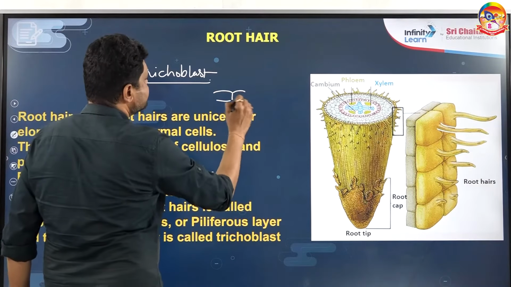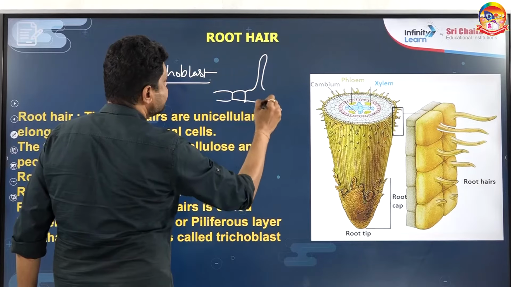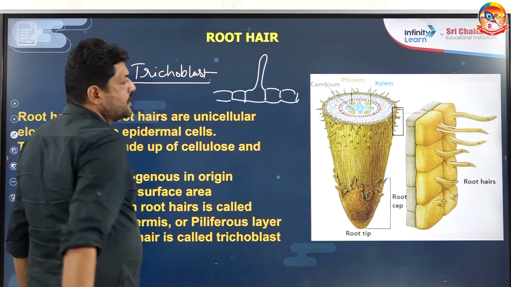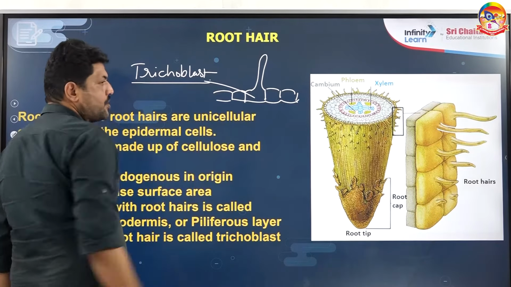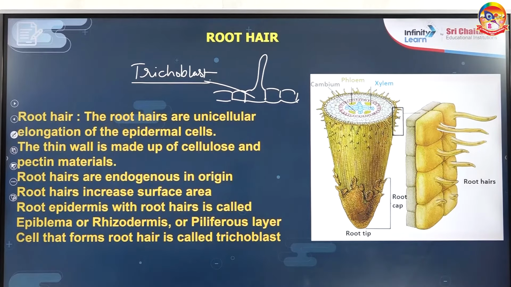This is an epidermal cell, and one of the cells is elongated, a simple expansion of the epidermal cell, which is the root hair. So this cell is called trichoblast. It increases surface area and helps in absorption of water.